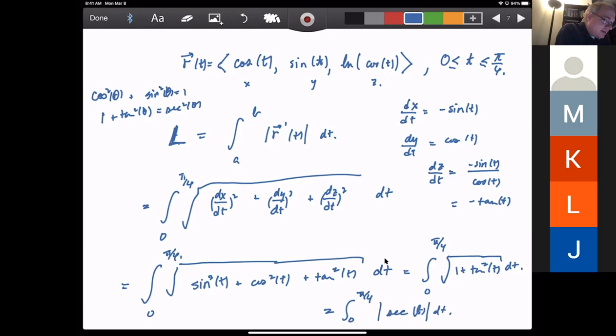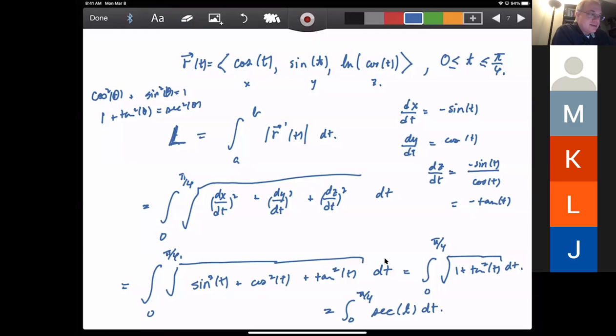And on this range of angles, from 0 to pi over 4, the cosine is positive. So 1 over the cosine, or the secant, is also positive. So I don't have to worry about those absolute value signs. So really, I want to integrate the secant.